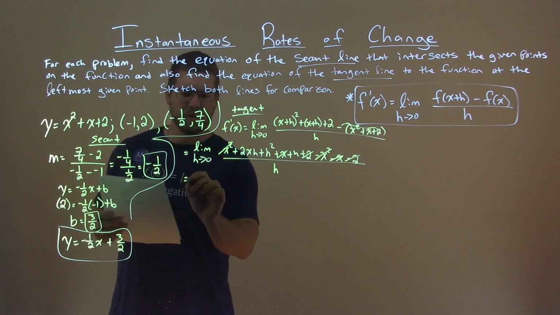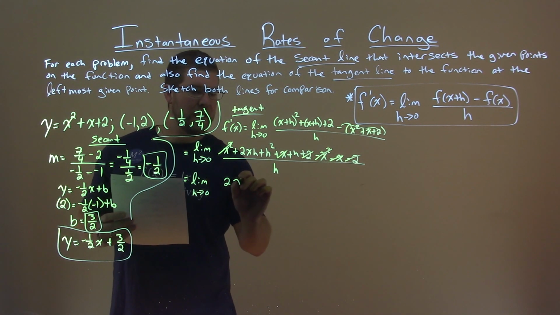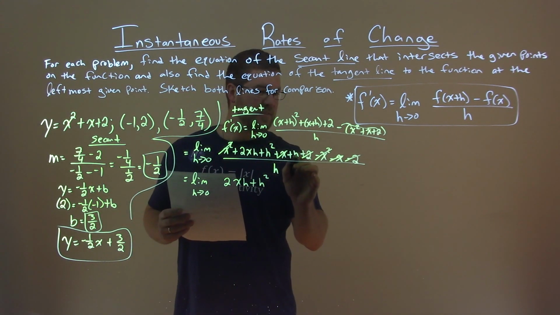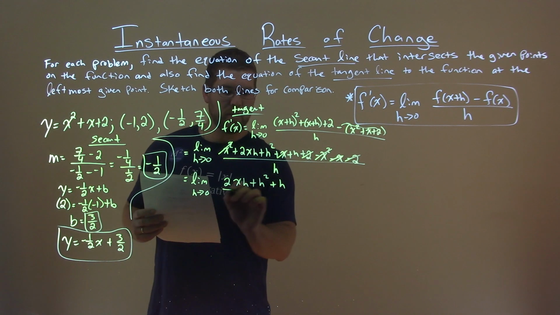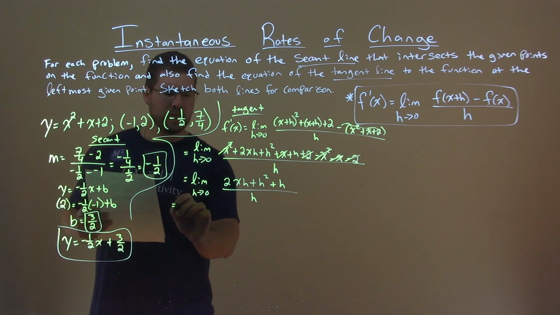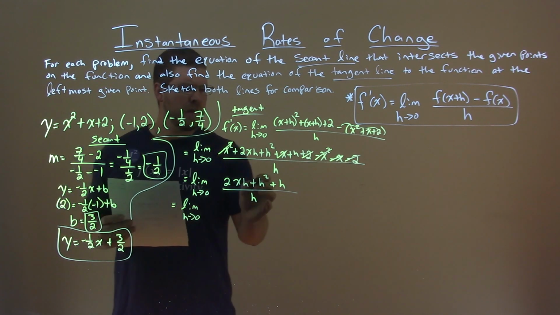Let's get a better picture here. We have the limit as h approaches 0 of 2xh plus h squared, plus just that h, all over this h. If you need help seeing this, I'll take the time. This one's a little tricky, actually.